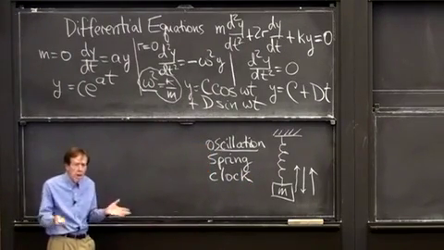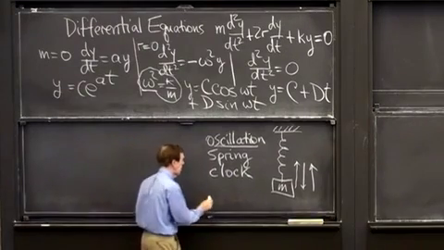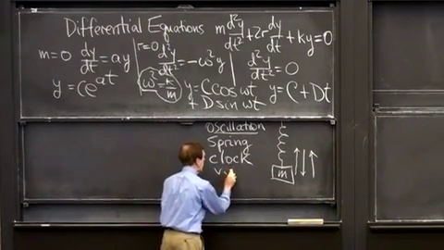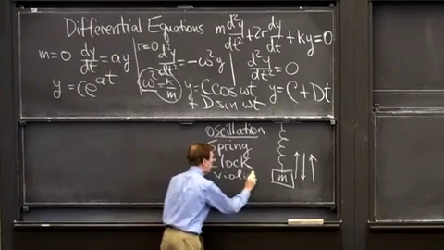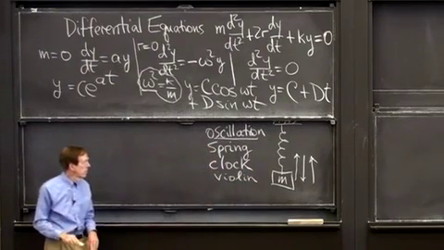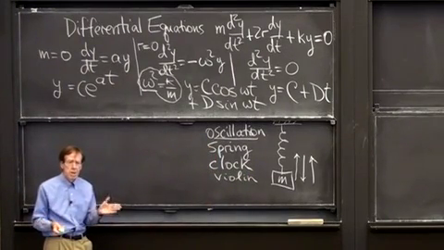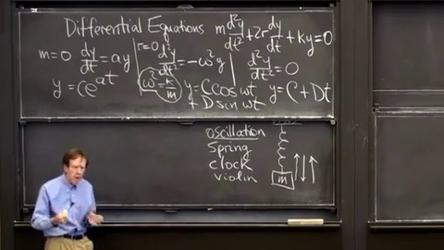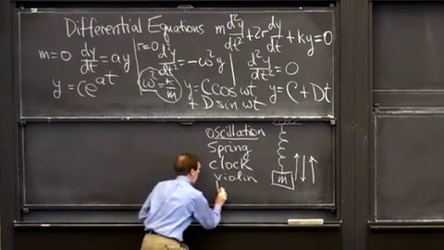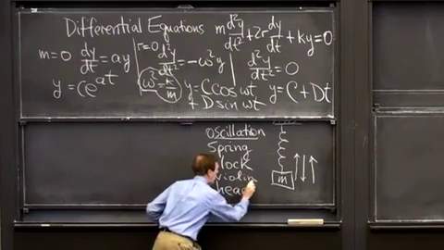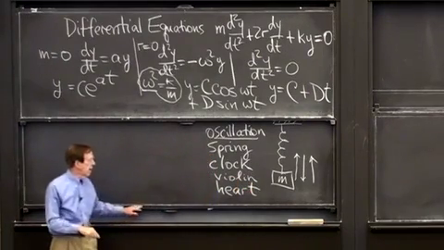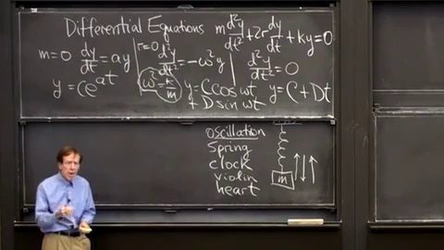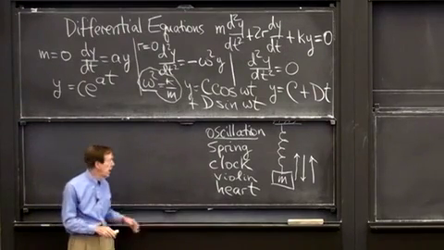Music, a violin string is oscillating. That's where the beautiful sound comes from. Our heart is in and out, a regular oscillation. I could add molecules. They oscillate extremely quickly.